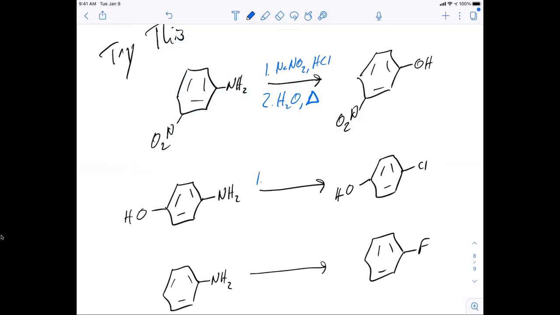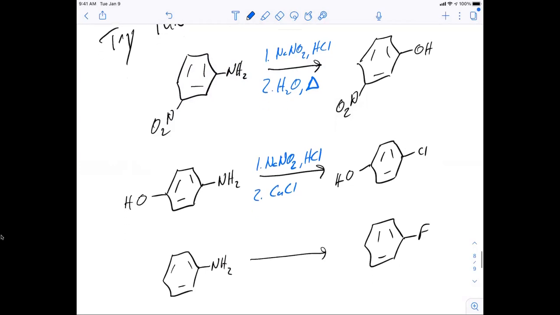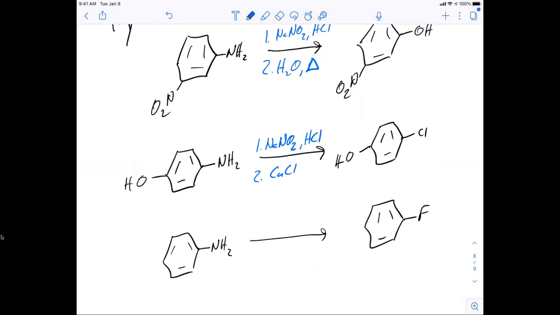Second one, again, we want to form the diazonium salt, so sodium nitrite and HCl. And second, here we're going to add the copper. This is one of the Sandmeyers. So copper 1 chloride. Then last one, again, we make the diazonium with sodium nitrite.